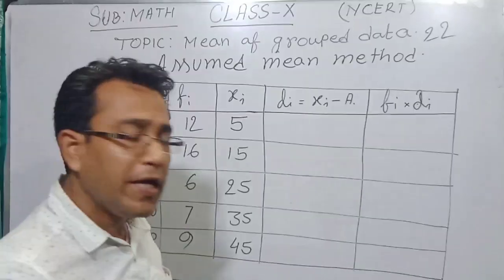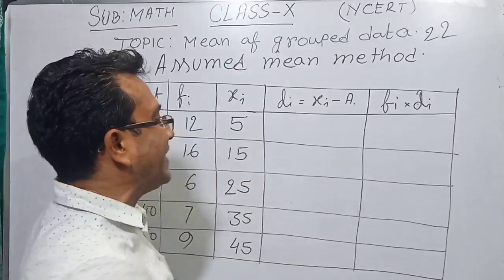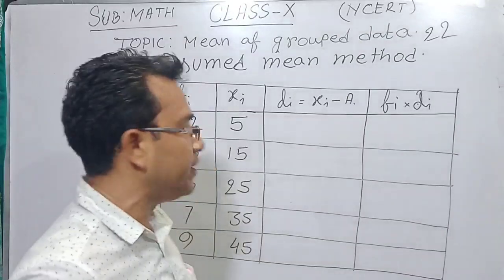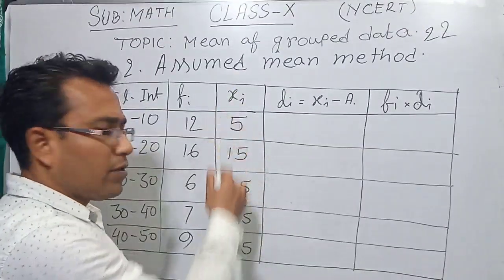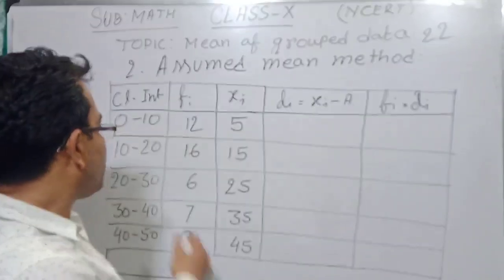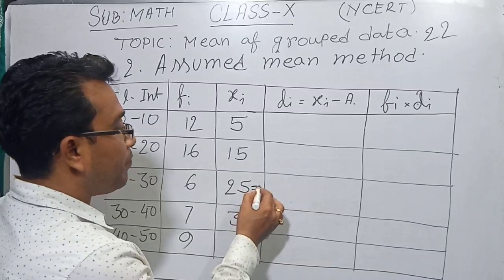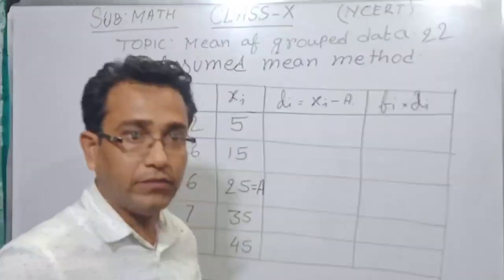Here in this case we shall calculate Di by using the assumed mean. From this frequency distribution and mid value, say I have taken 25 as the assumed mean.